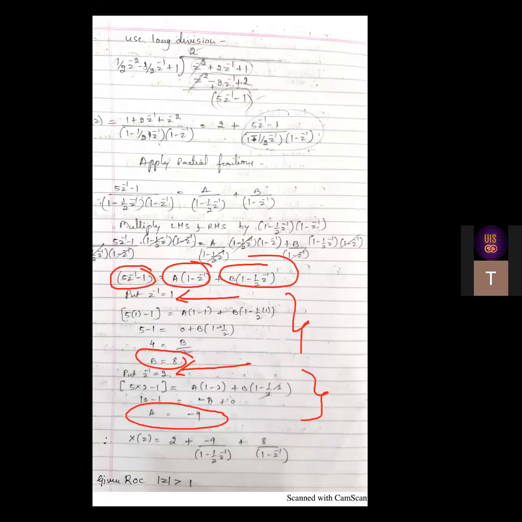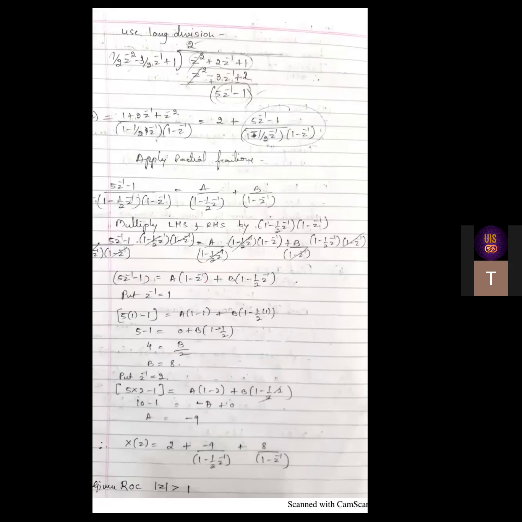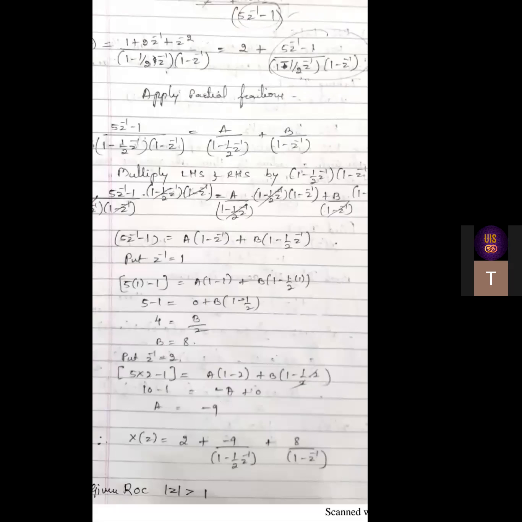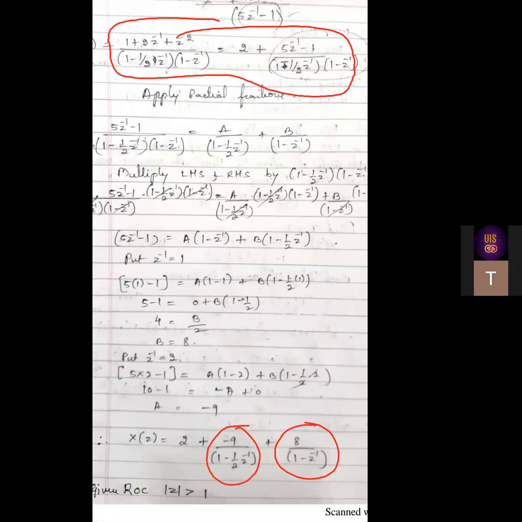After getting A and B, substituting A and B, minus 9 divided by the first factor and plus 8 divided by the second. Then finally your X of z is 2 plus that partial fractions, right? So complete X of z will be 2 plus one bracket plus the other bracket.